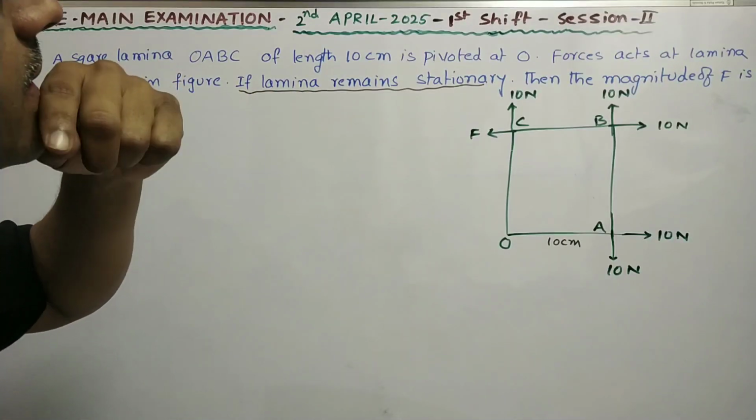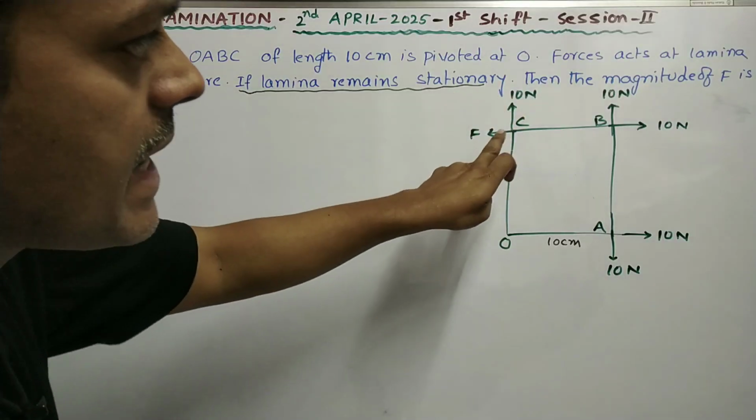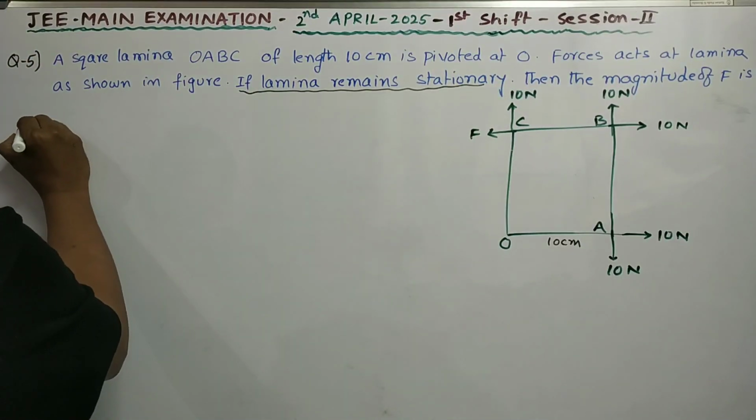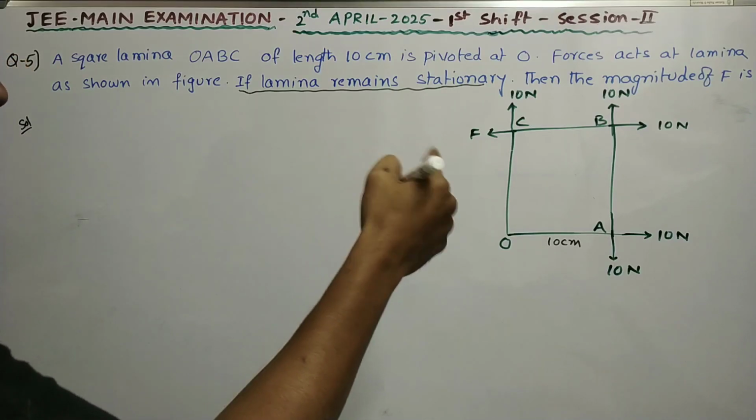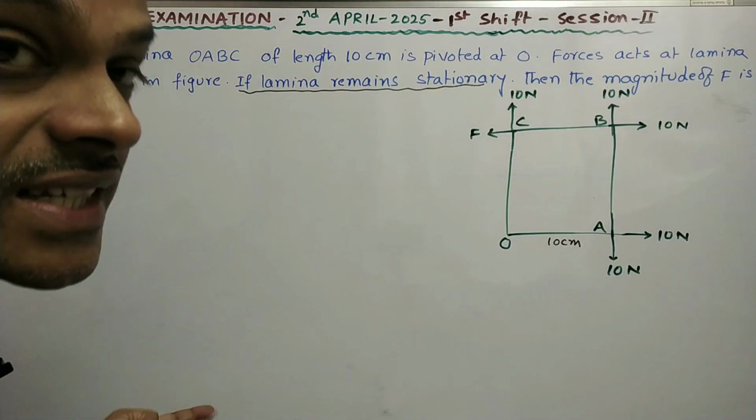The lamina is stationary, then the magnitude of force F is... you know, the lamina is in what kind of equilibrium? Stationary means it is at equilibrium.